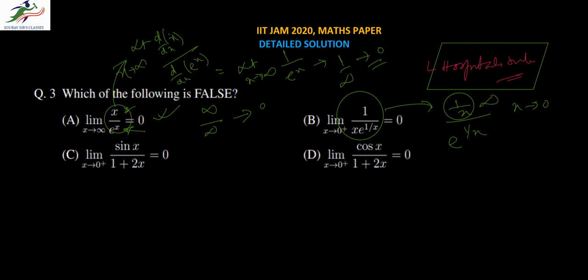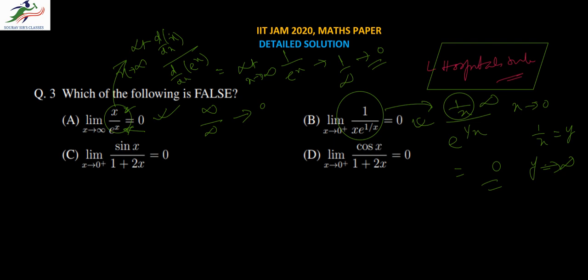So if we take 1 over x as y, then it exactly replicates the first option. As x tends to 0 plus, y tends to infinity plus, and obviously if we apply L'Hospital's rule, it will be equal to 0. So this is also correct.